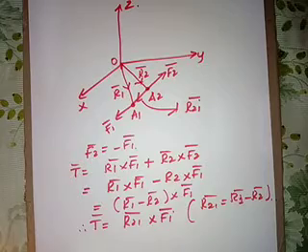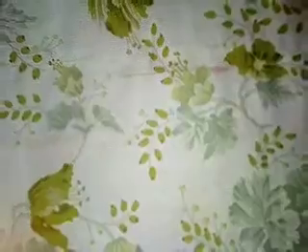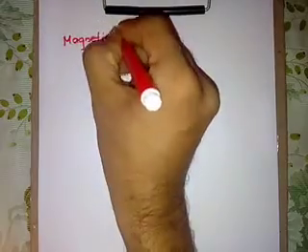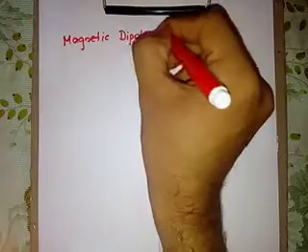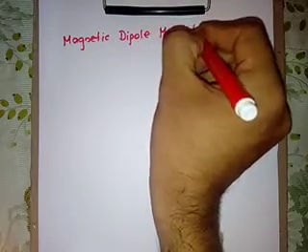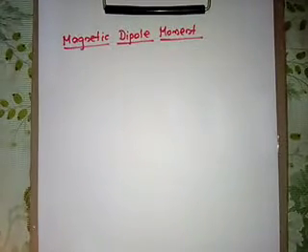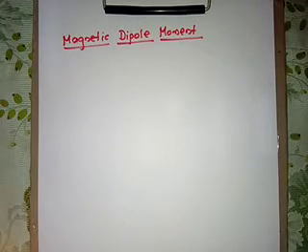Next, let us see magnetic dipole moment. What is magnetic dipole moment? The magnetic dipole moment of a current loop is defined as the product of the current through the loop and the area of the loop.